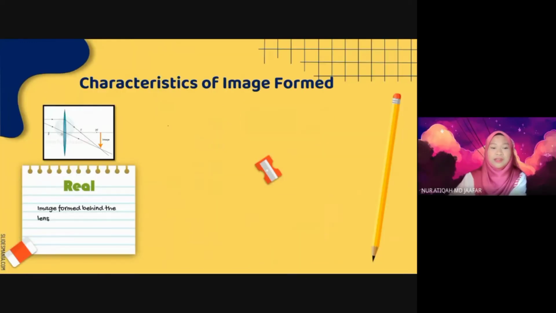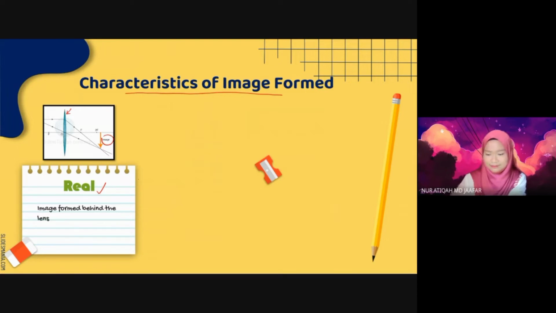So after we sketch the ray diagram, you need to identify the characteristics of the image formed. For the first characteristic, the image formed is real. Why? Because can you see the image formed behind the lens? This is the lens, but the image forms here. So we can say that the image formed is real.